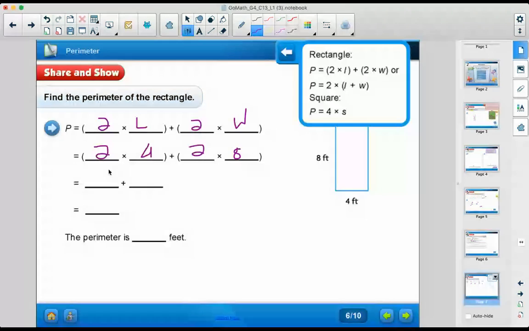So 2 times 4 is 8. 8 times 2 is 16. So the perimeter is 16 plus 8, which is 24. The perimeter is 24 feet.